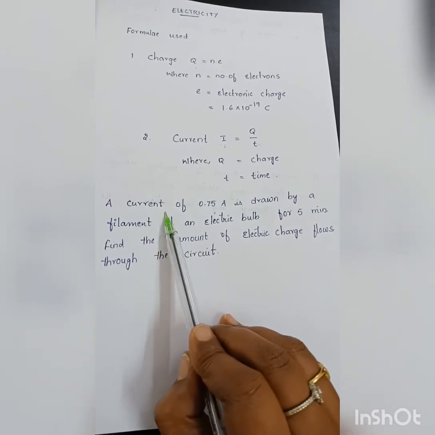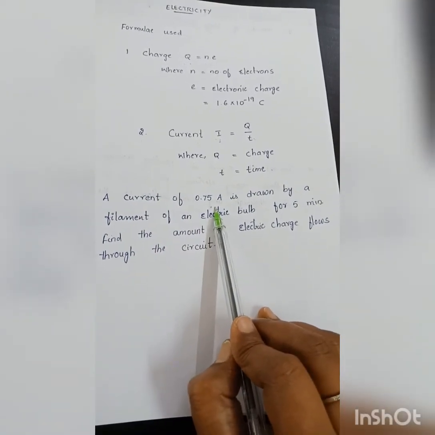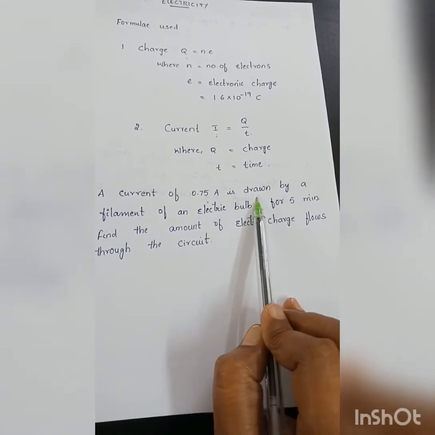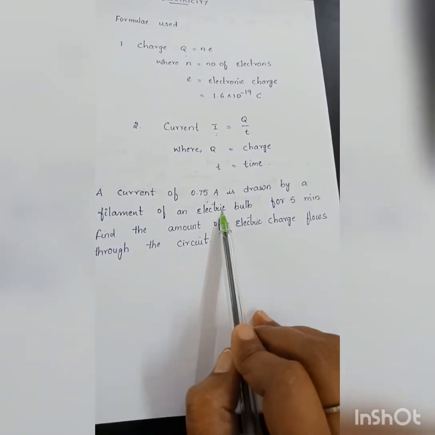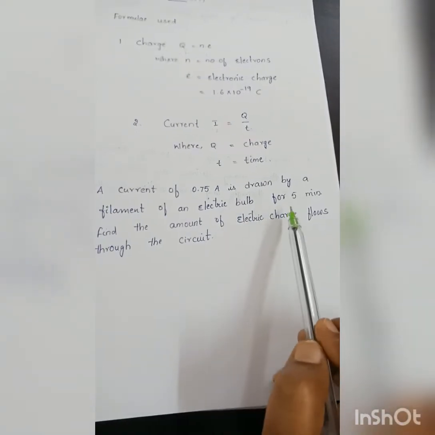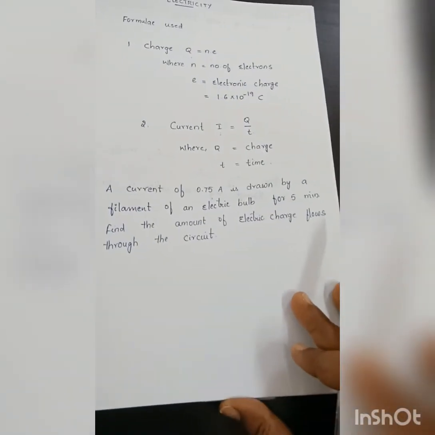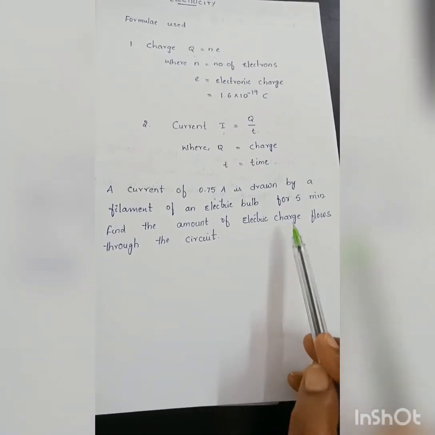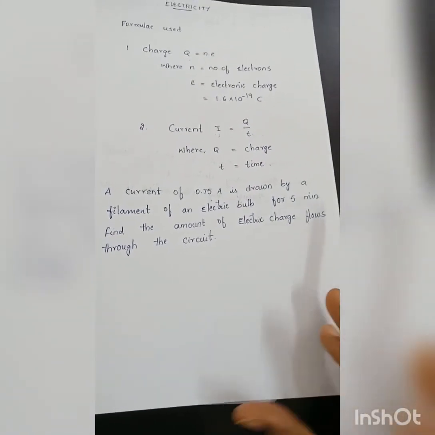There is a current, 0.75 ampere, passing through a filament of a bulb, for 5 minutes. Now what is needed to find? The amount of electric charge, which is nothing but Q.